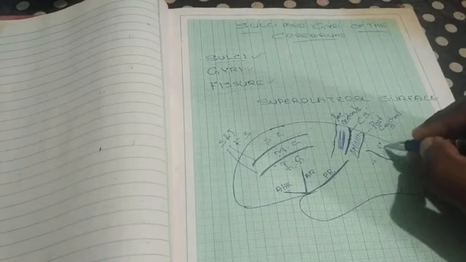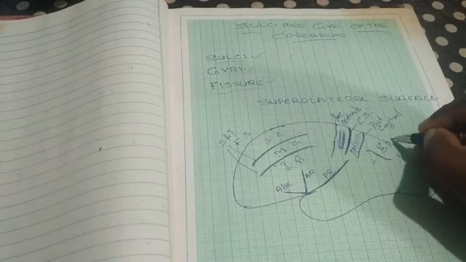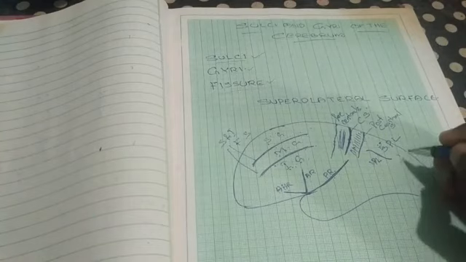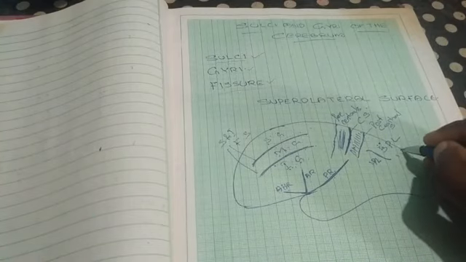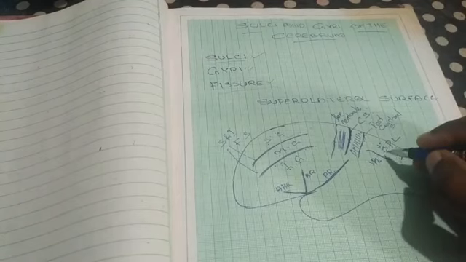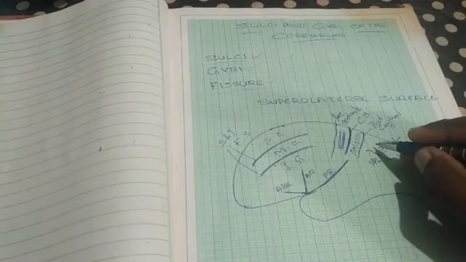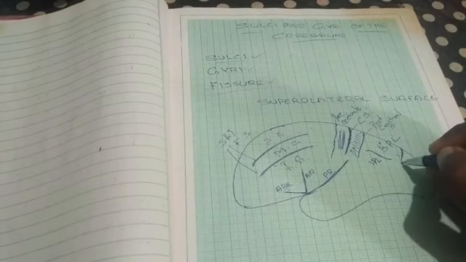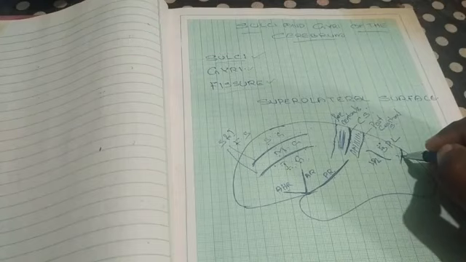The sulcus that separates the parietal lobe from the occipital lobe is called the parieto-occipital sulcus.